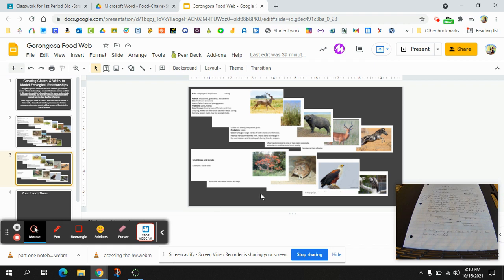So for instance, if you chose the eagle and the mouse, one is the consumer, the mouse and the grass, one is the consumer and one is the producer. You would write those in on your notebook paper and then show which one correctly shows the flow of energy with the arrow.